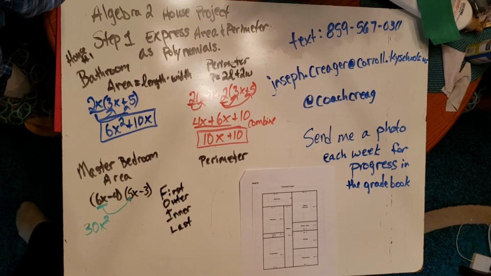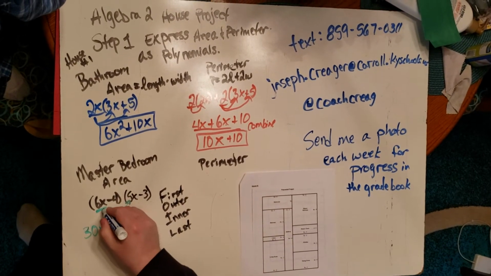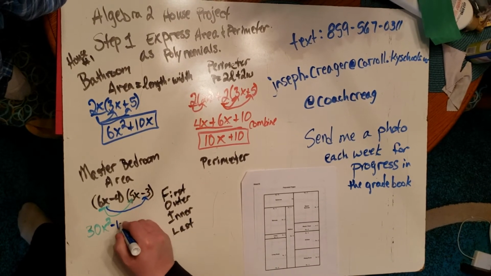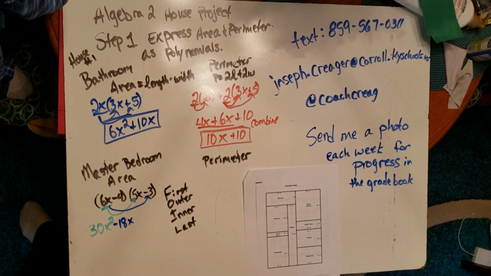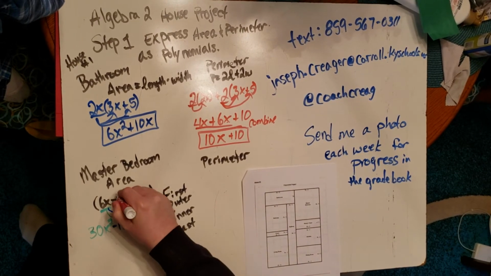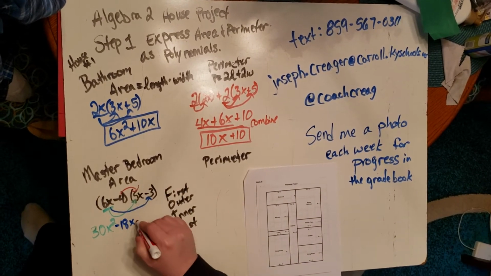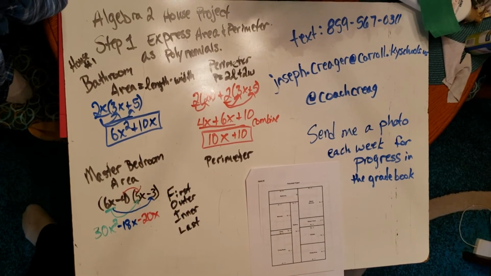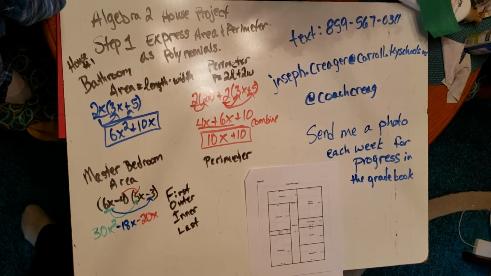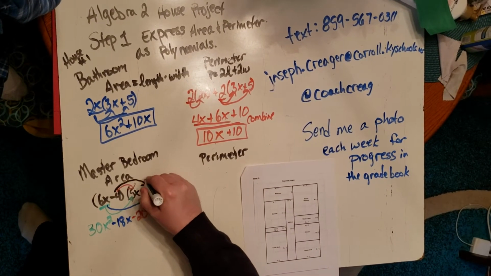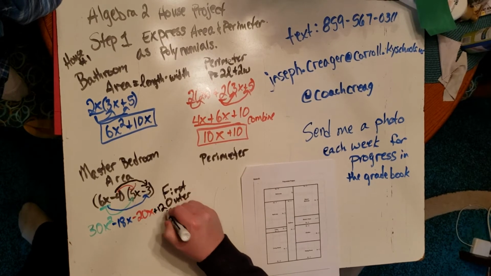My outer terms, 6x times negative 3 gives me negative 18x. My inner terms, negative 4 times 5x is negative 20x. And then my last terms, negative 4 times negative 3, which is positive 12.